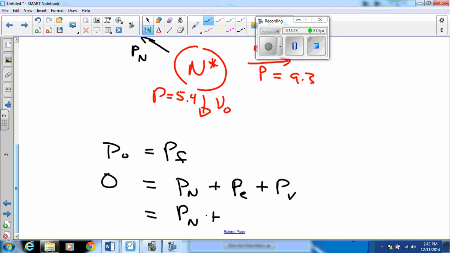And now here comes the representation issue. The momentum of the electron I'm going to represent as 9.3 comma 0. 2 components because 2 dimensions in the problem. And the momentum of the neutrino I'm going to represent as 0 comma negative 5.4.